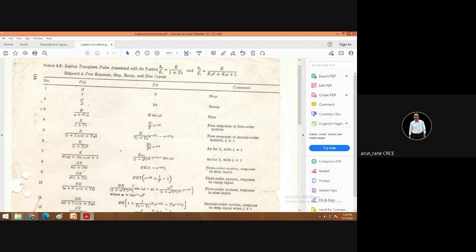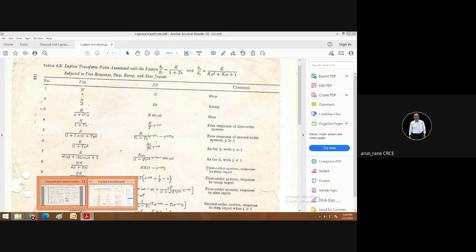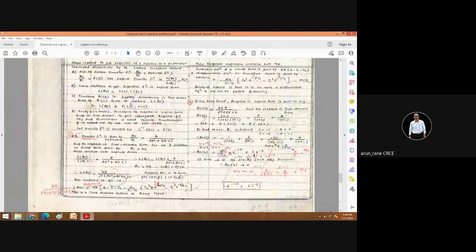So value of k is minus half and t is half. So we'll just substitute that and write it in time domain. Minus half, t is half, e raised to minus 2t.